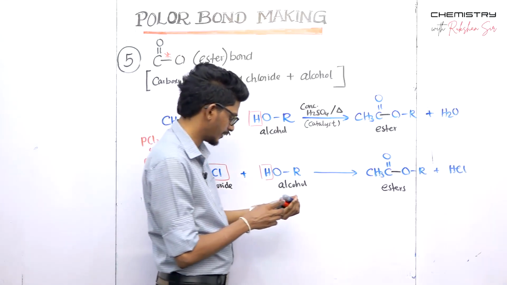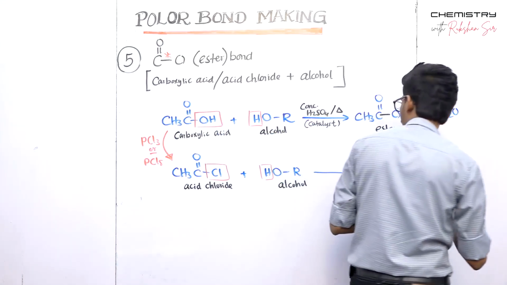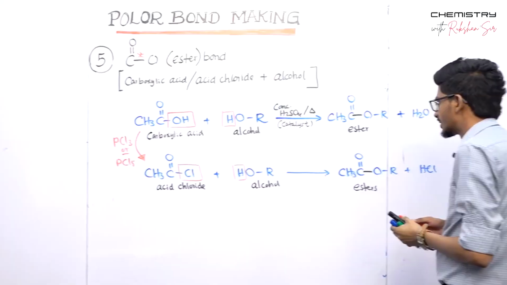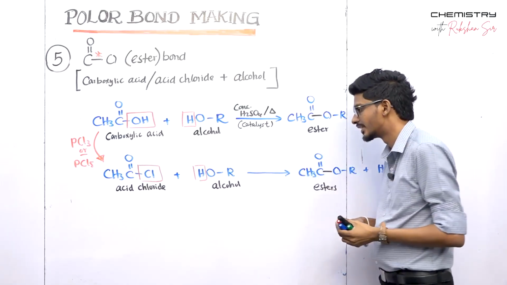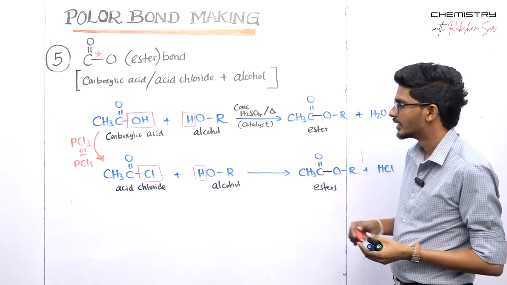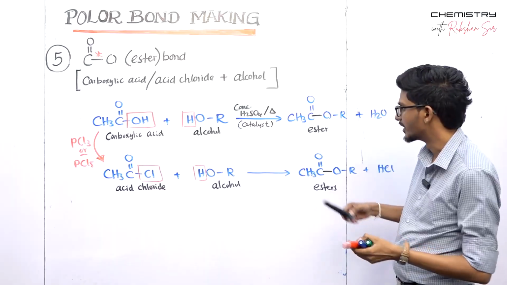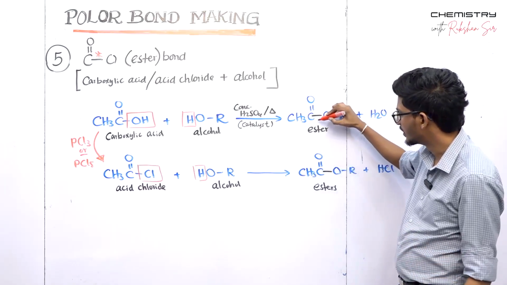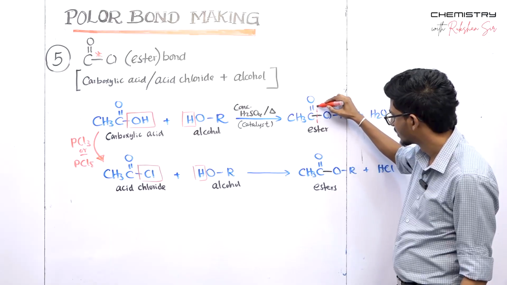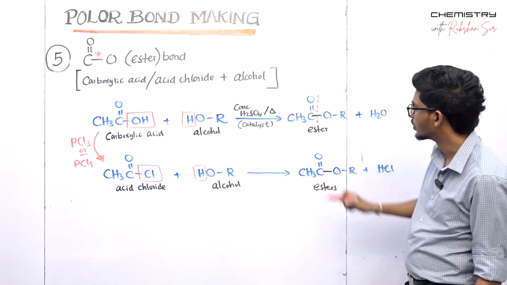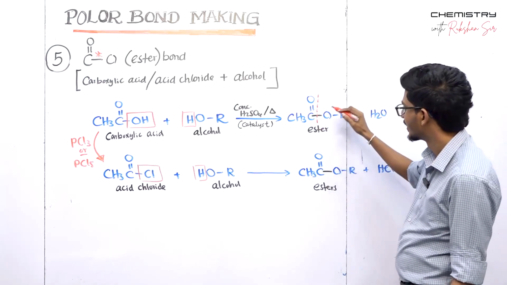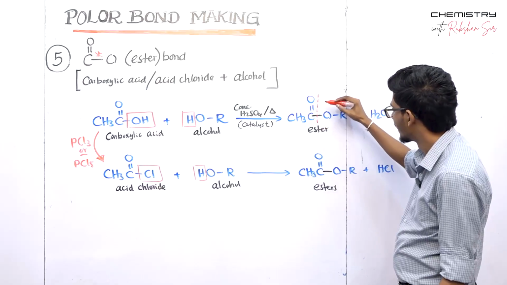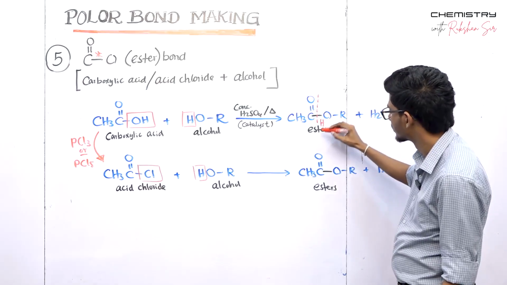Let's see how these are supposed to be used here. How to predict the two compounds? It's like this. The ester can be broken at this bond, the ester bond, and to this side you add some hydrogen, and to this side some OH.